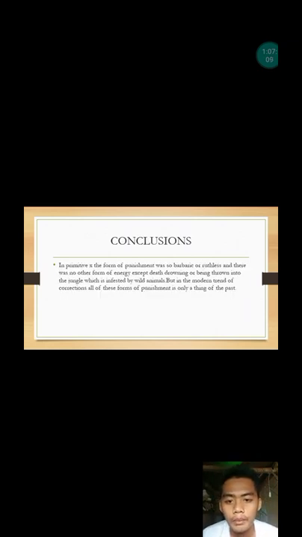Conclusions. In primitive times, the form of punishment was so barbaric and ruthless, and there was no other form except death, drowning, or being thrown into the jungle, which was infested by wild animals.